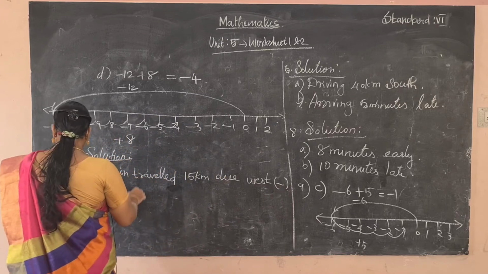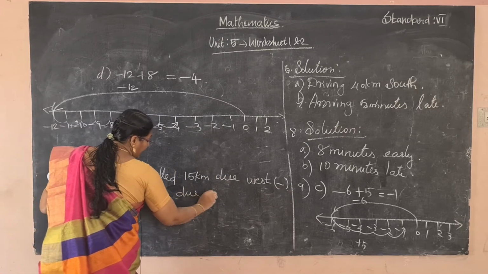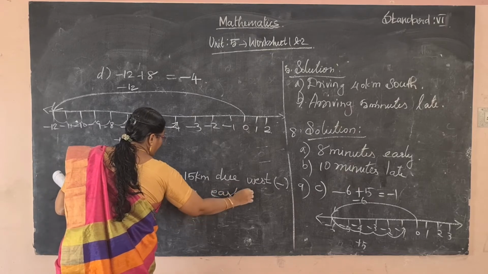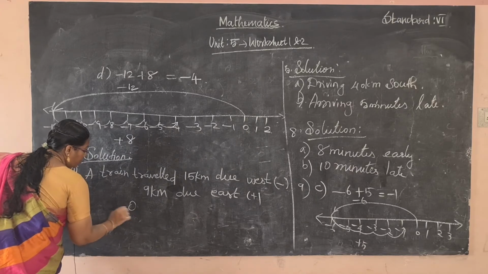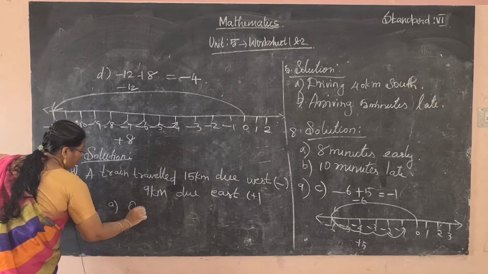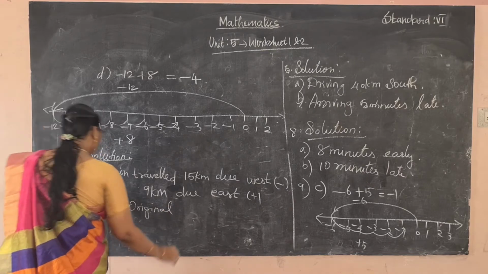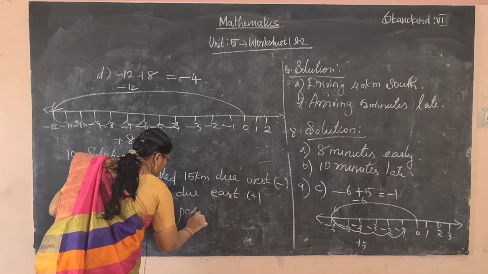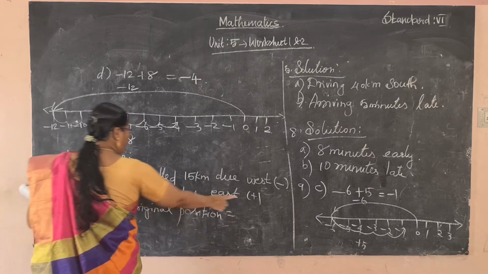And next one, 9 kilometer due east. So plus. So original position, first one answer, is equal to plus 9.